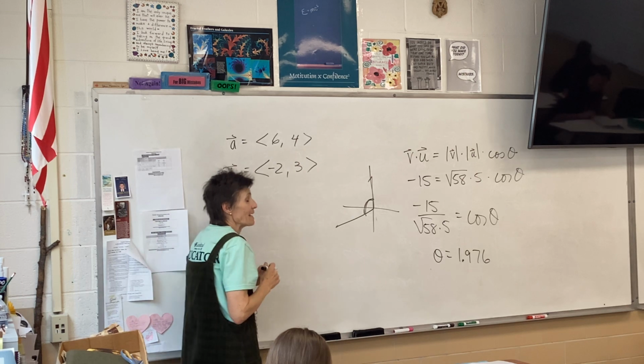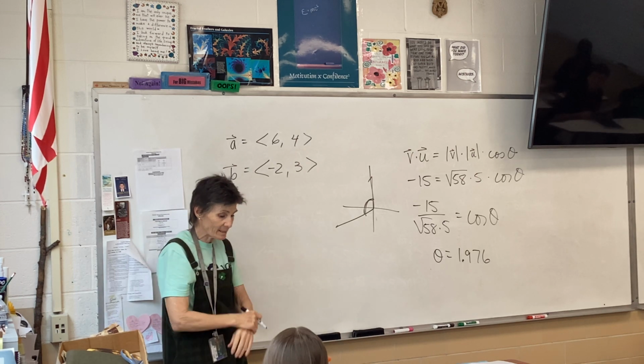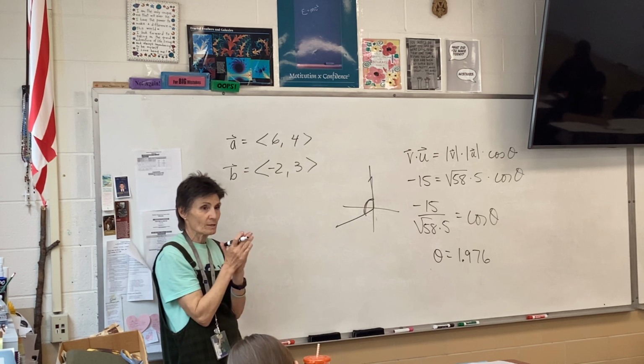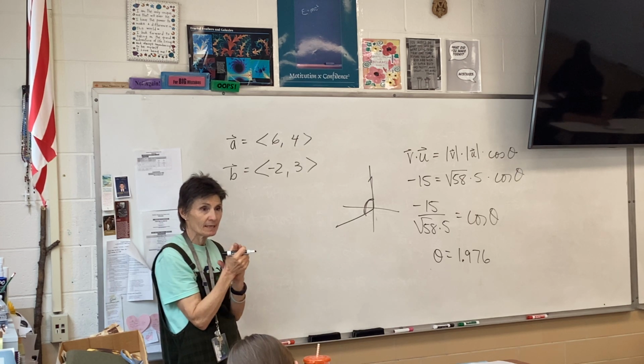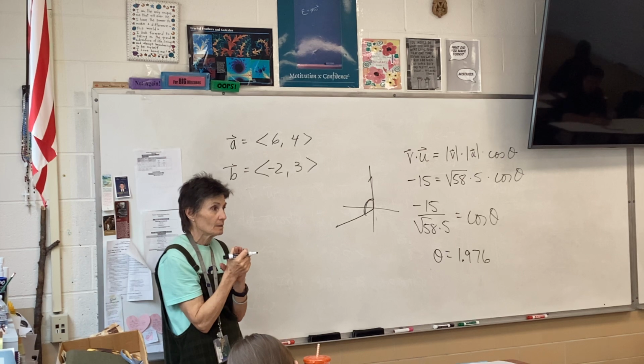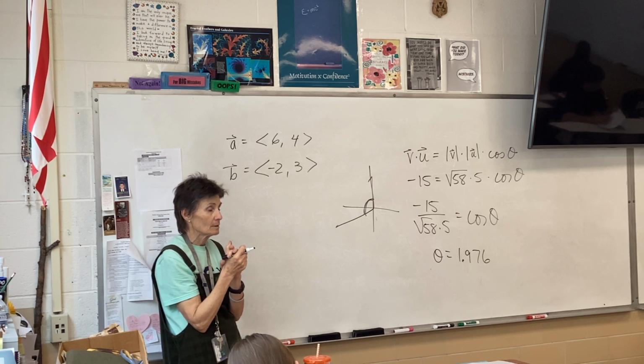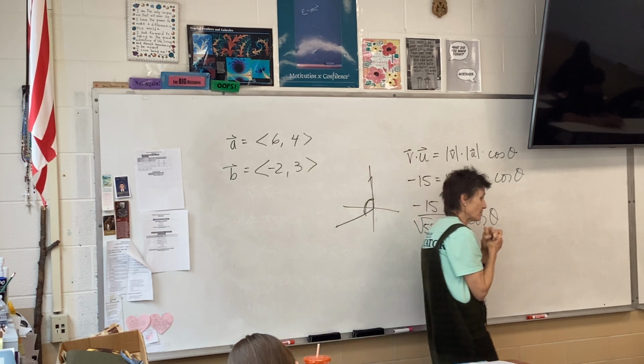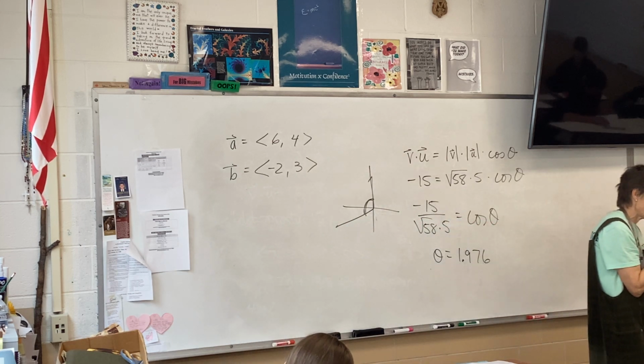And let's find the angle between them. Okay. So what's our process again? We find the dot product and set that equal to magnitude times cosine.